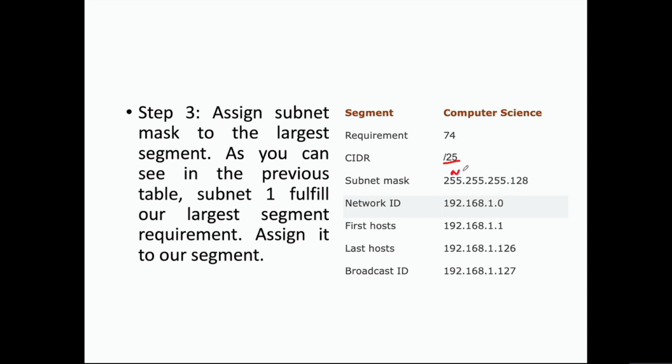By default, these represent the network portion, all bits are 1, and since one bit is borrowed from the last octet, this value is 128. The network ID is 192.168.1.0, the first host is 1.1, and it goes up to 1.126, and this is the broadcast ID. So this fulfills the requirement of the larger segment.